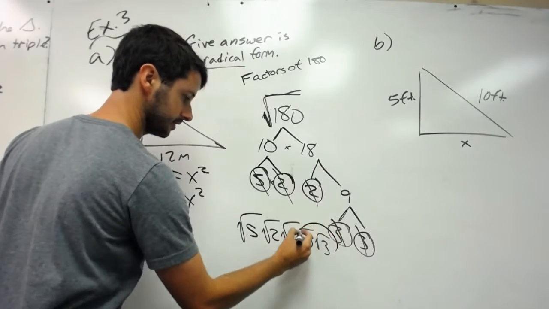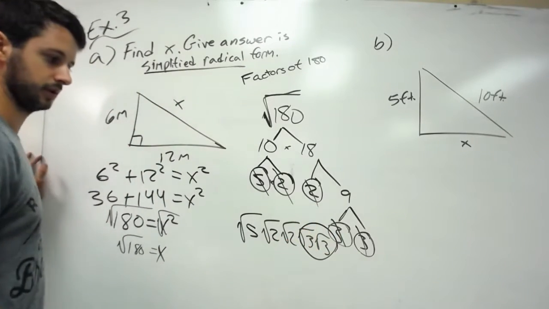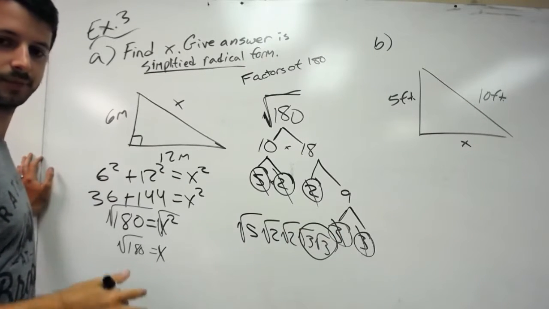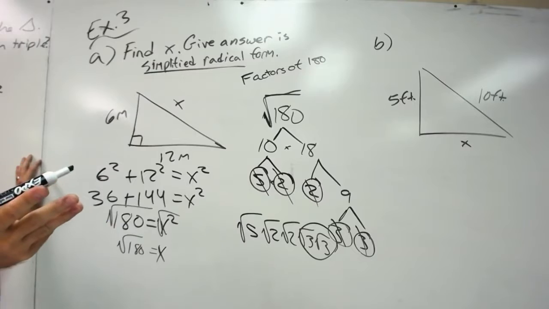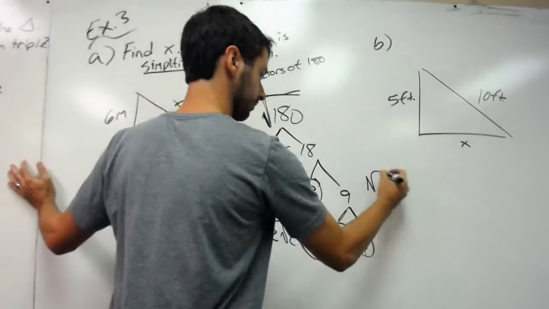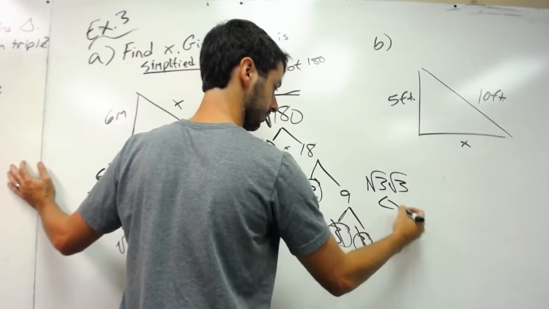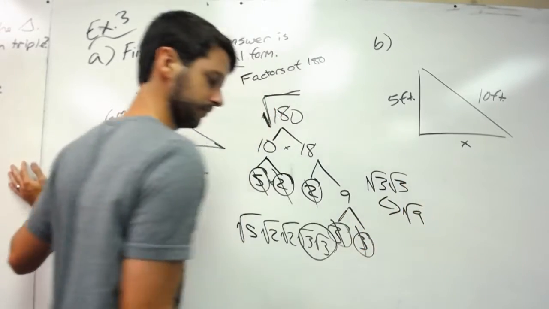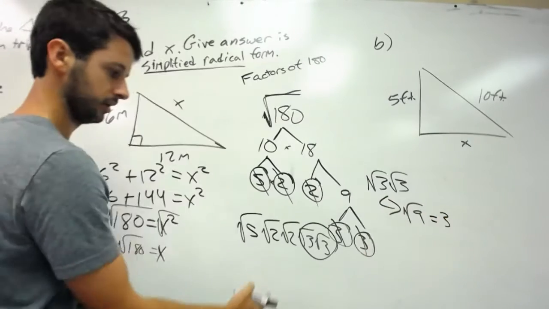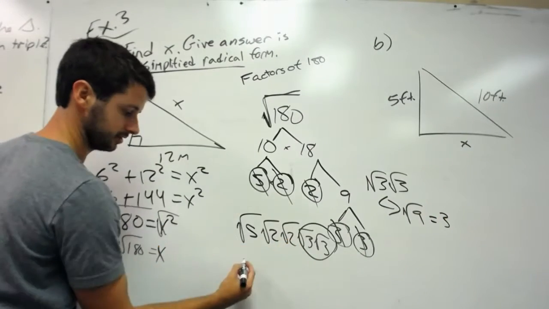If I have radical 3 times radical 3, the answer will always be the whole number, just 3. Because radical 3 times radical 3 equals radical 9, and the square root of 9 is 3. So I can take these and turn that into a 3.